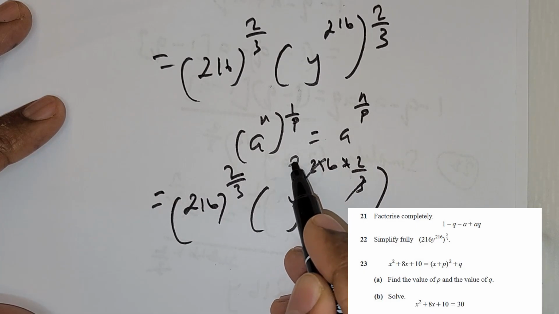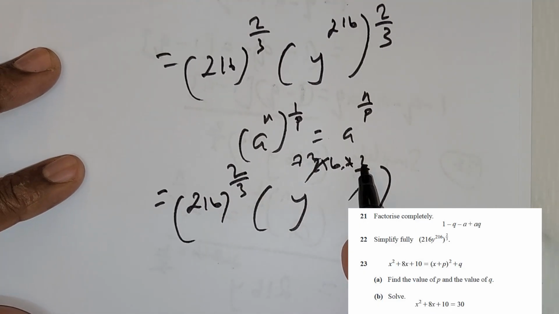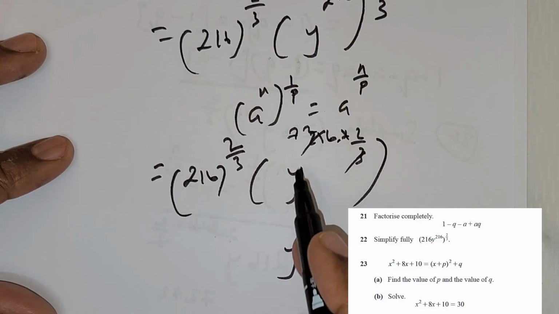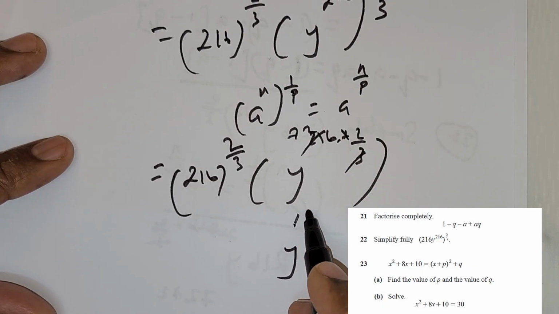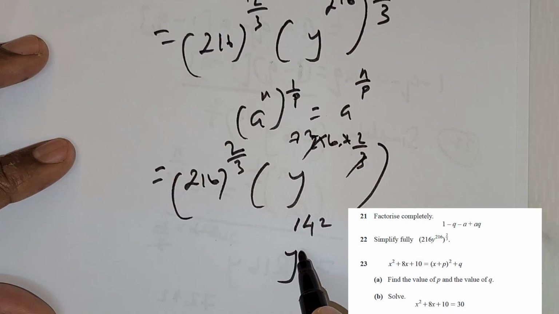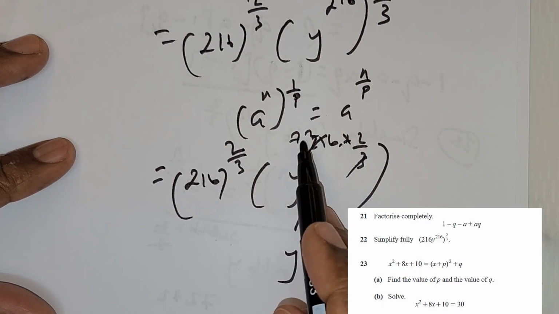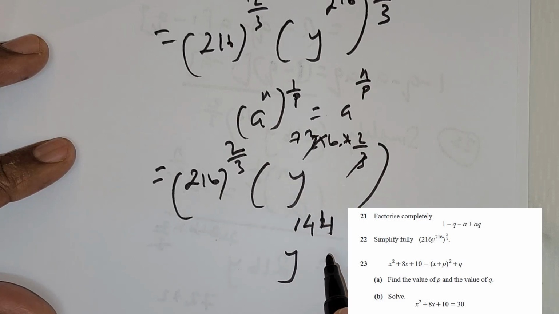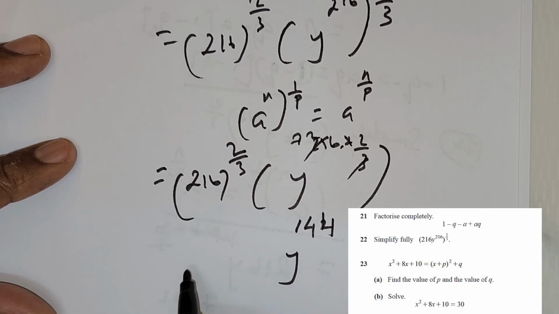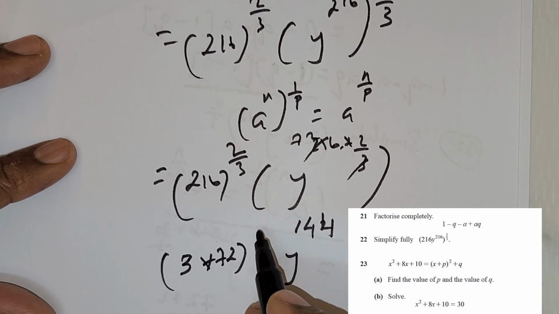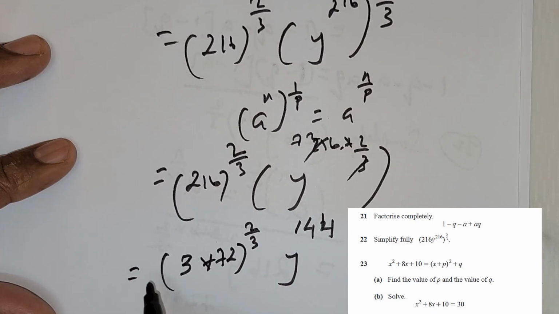Now 3 divides here 7 times, 3 divides here 2 times. So 2 into 2 is 4, and 7 times 2 is 14. So this is y raised to the power of 144. Now this one is rewritten as 3 multiplied with 216 is 72, raised to the power of 2 over 3.